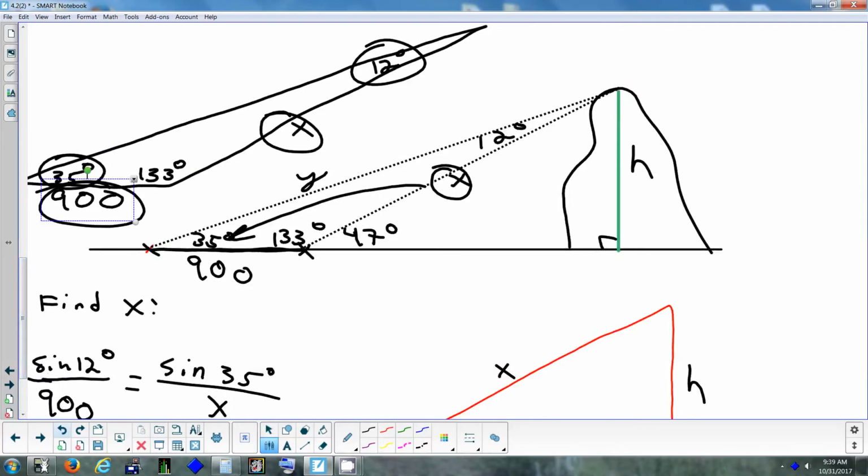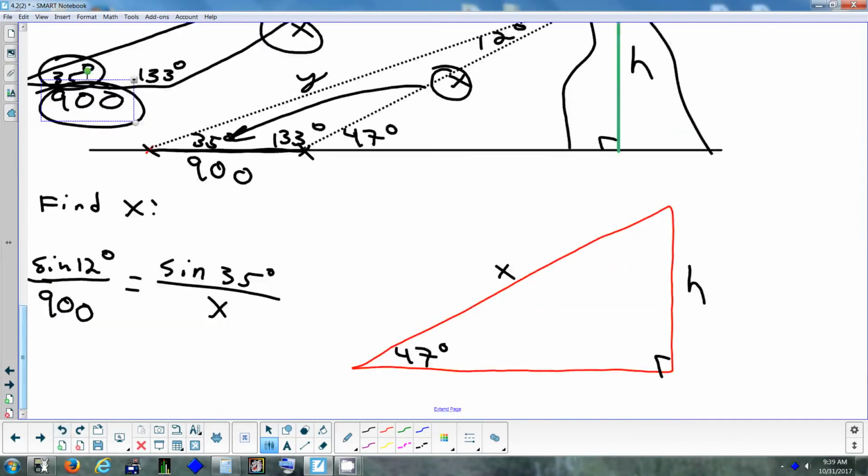Sine 35 over x. So, any questions on why we use the four things that I circled? If it's helpful, you could label things A, B, C, alpha, beta, and gamma. It's just a lot of times, if I'm only solving for one thing, I just call it x. If you want to call it A or B, you can do that. It's fine.